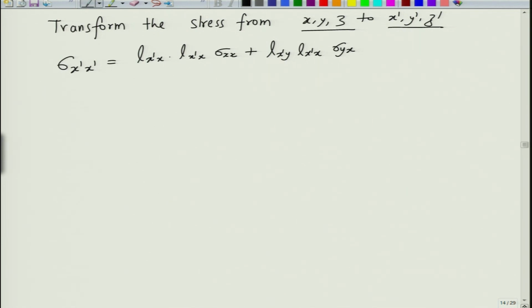Okay. So, in the first row we are varying m, and then the third term becomes L x prime z, L x prime x, sigma zx.